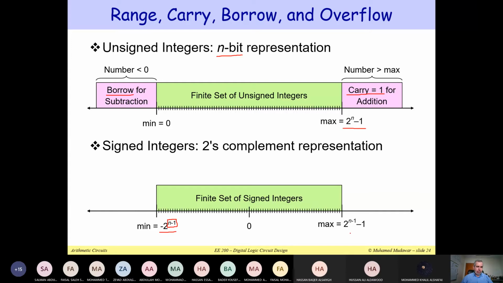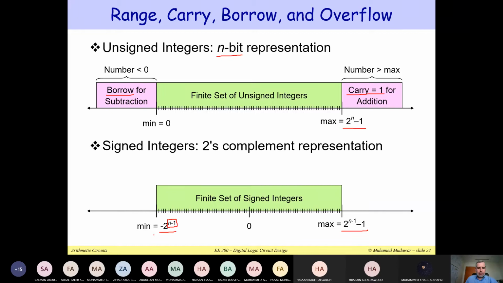And the maximum will be 2 to the power n minus 1, minus 1, since we have 0 in the middle. So you start here at negative 2 to the power 7, which is negative 128. Let me write it down.